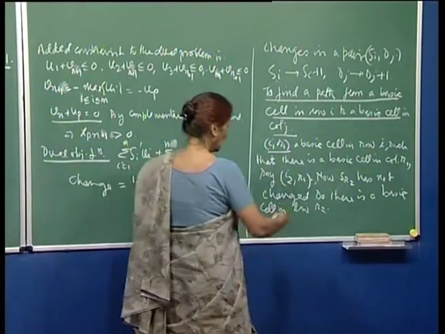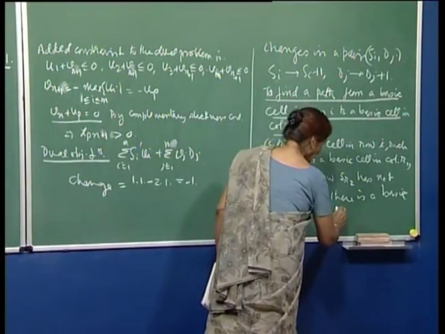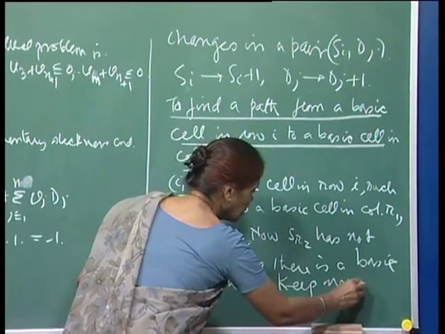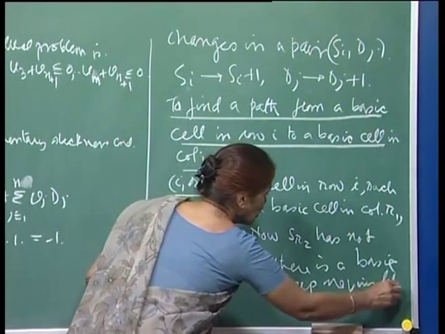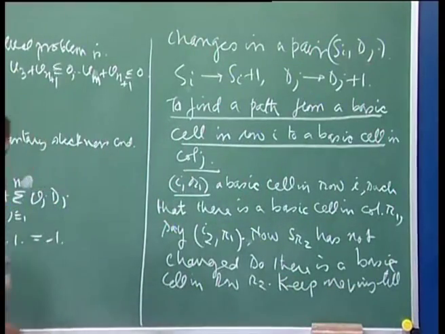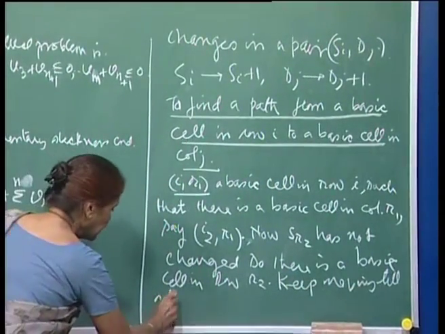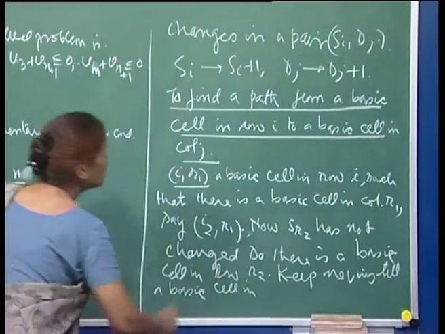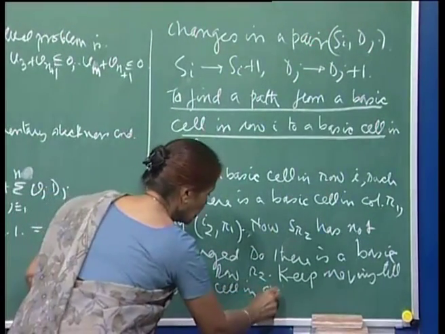So, keep moving till a basic cell in column J is found.